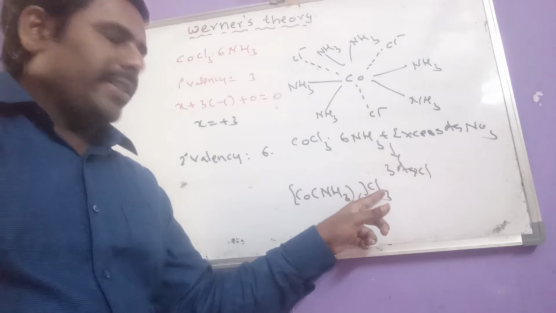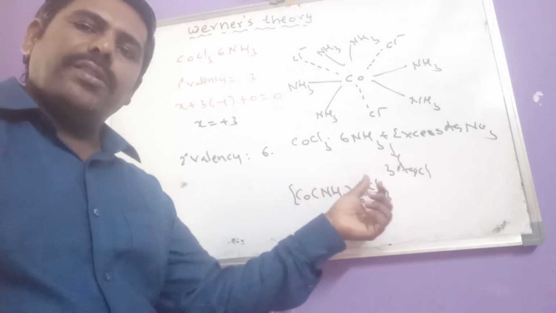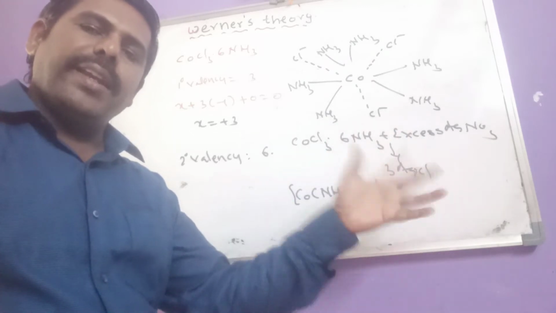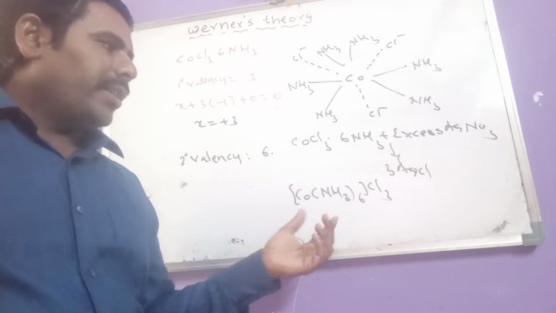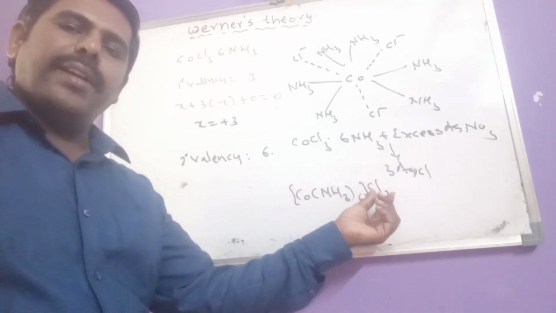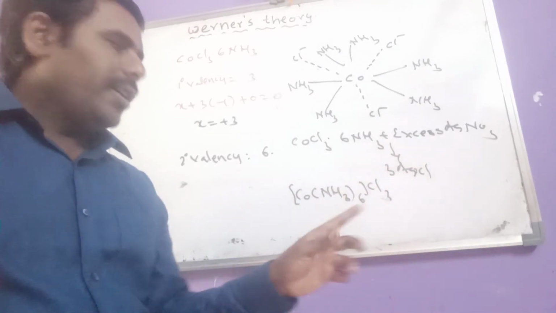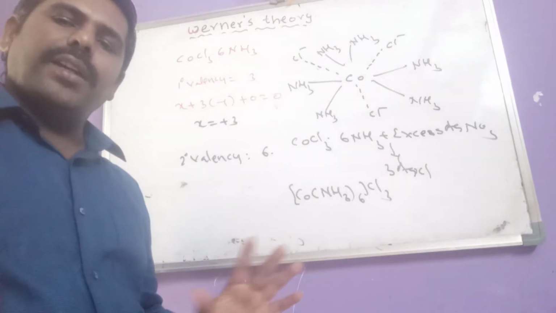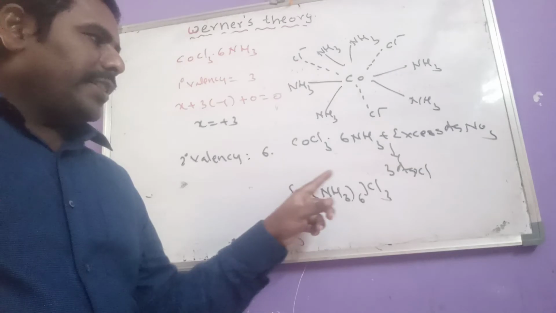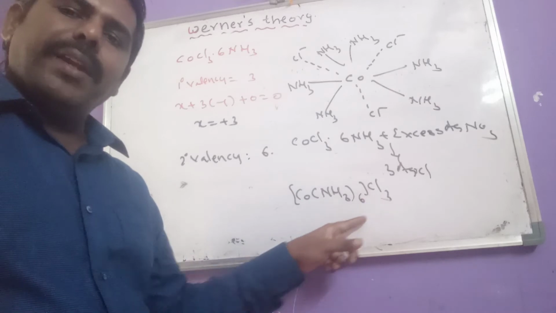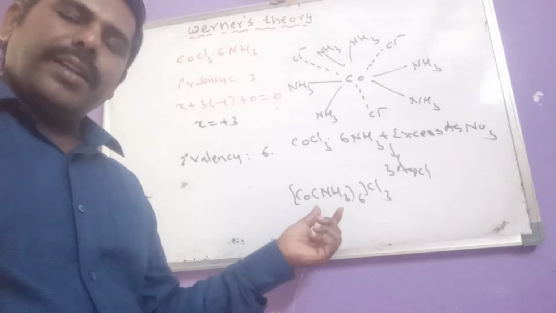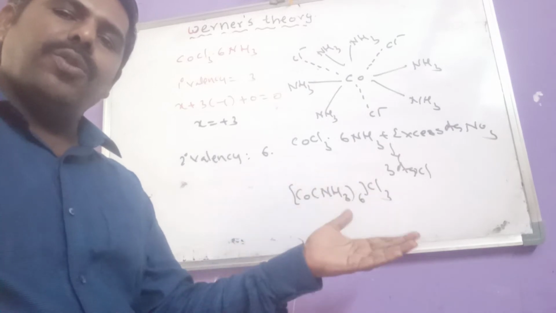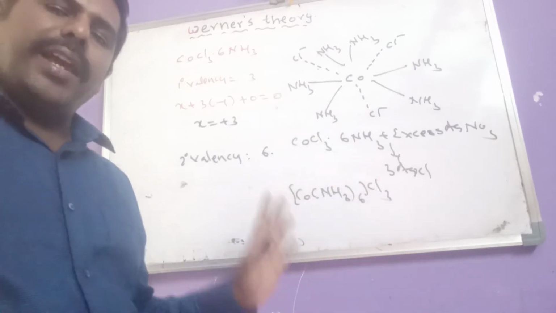Now, as these are present outside the fort, they can move freely anywhere. But these 6 members cannot move freely. That means these 3 chloride ions are ionizable, but these ammonia molecules are not ionizable. For suppose if any one gatekeeper enters in place of a bodyguard, that gatekeeper also is unable to move anywhere. So we have to feel like that.